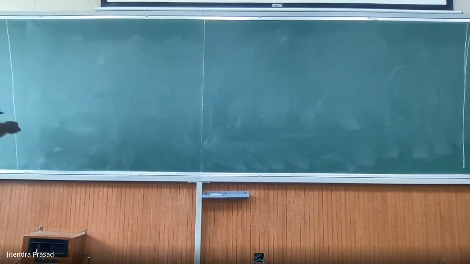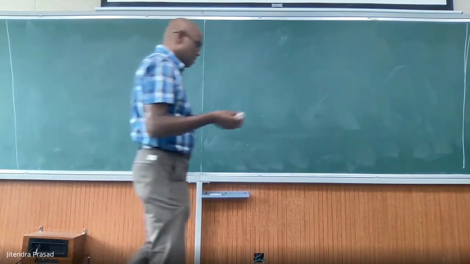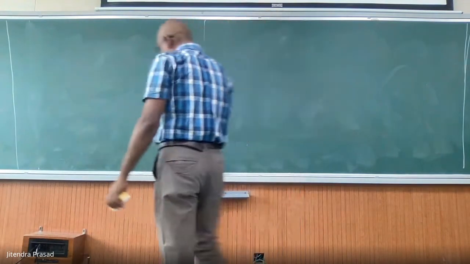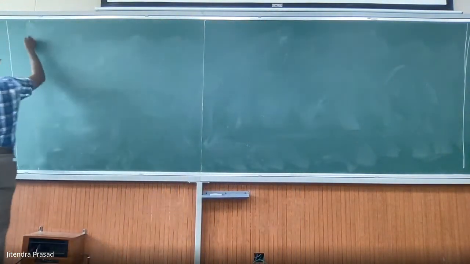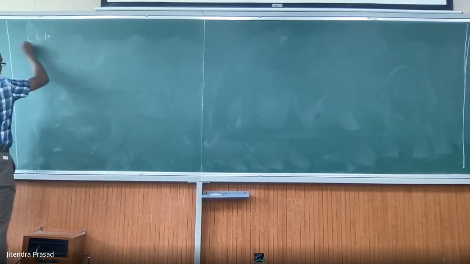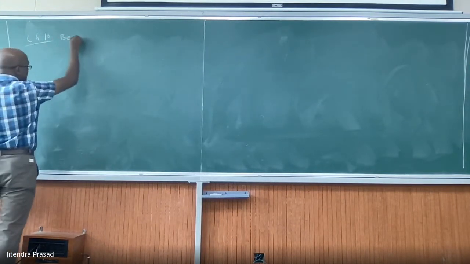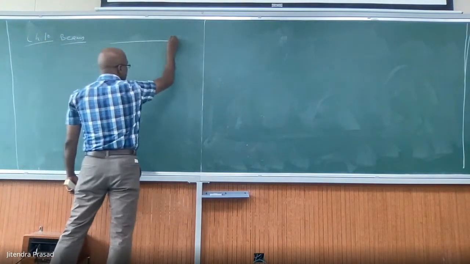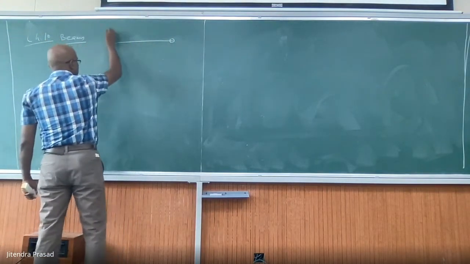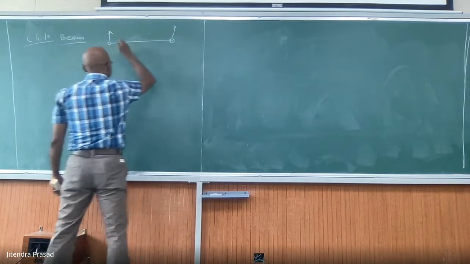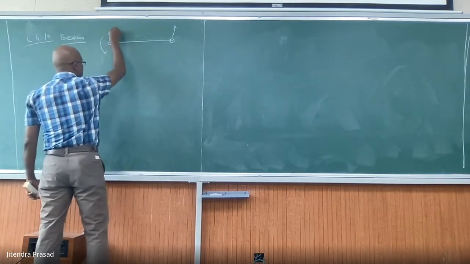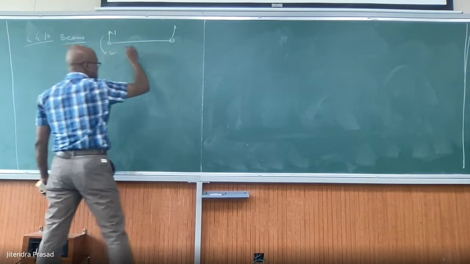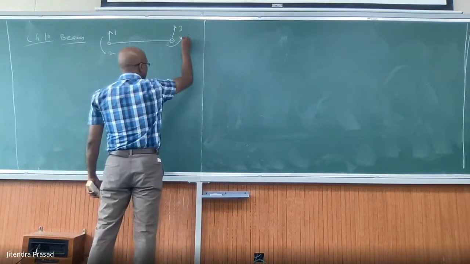Okay. So basically the last chapter that we had studied was on beams, and so far we found out the shape functions. So we call them N1, N2, N3 and N4.